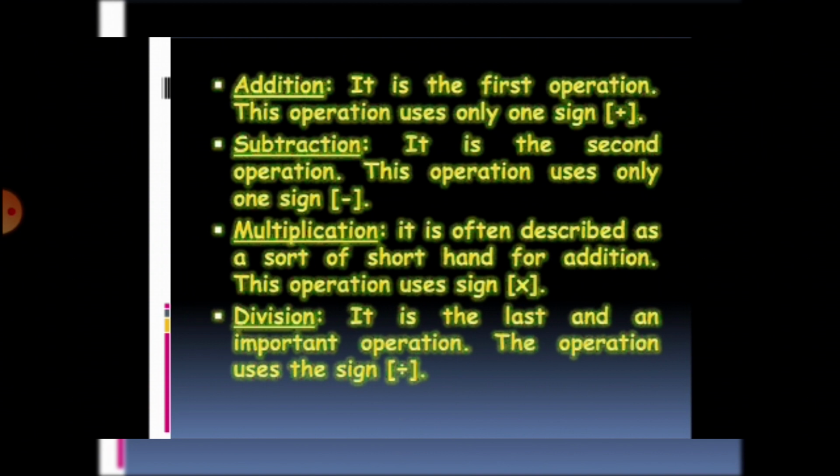This operation uses only one sign, that is plus sign. Subtraction is the second operation. The operation uses only one sign, subtraction sign. Multiplication is often described as a sort of shorthand for addition. This operation uses a sign into. Then division is the last and an important operation. The operation uses the sign of division.